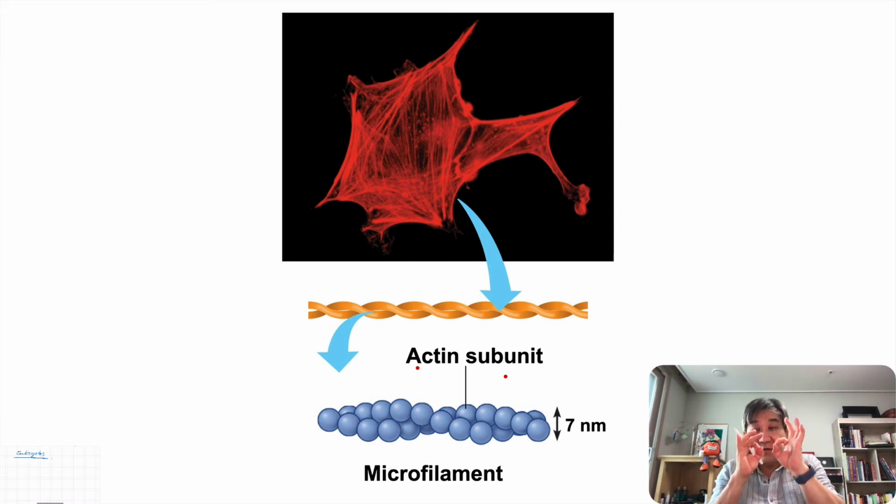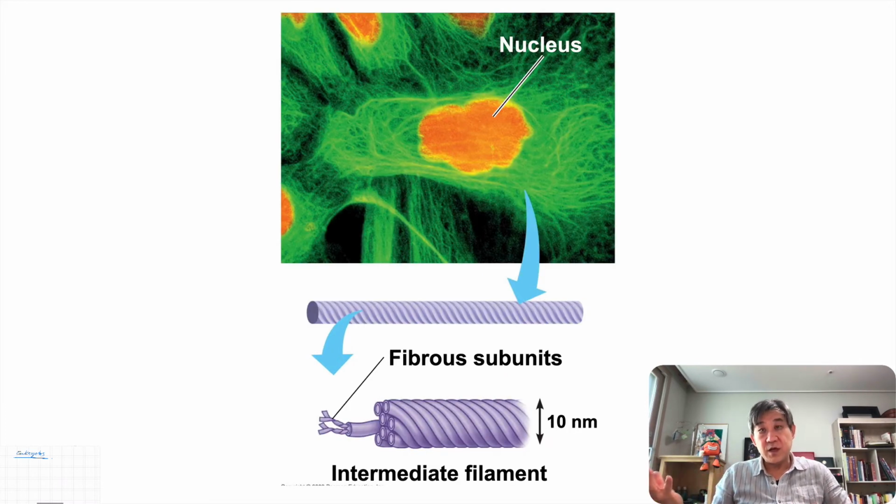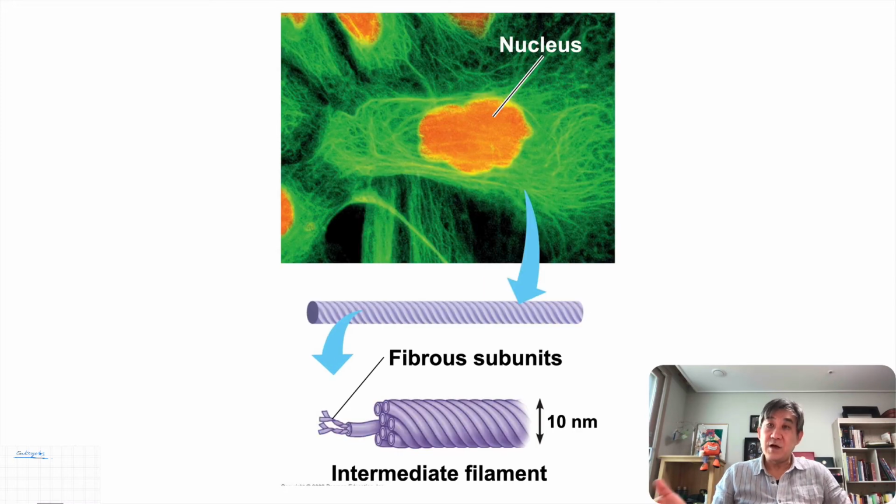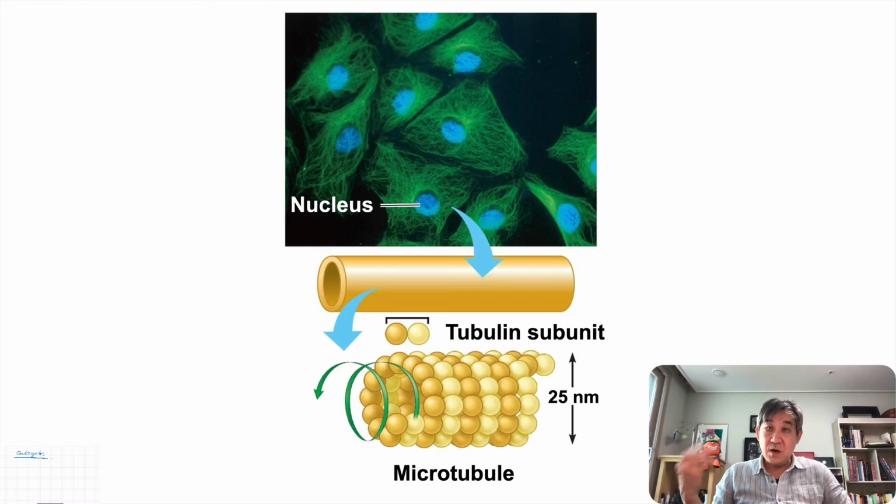So small units come together and are assembled to make such a big structure. It is always the same case, whether it is the actin microfilament, the intermediate filament, or the microtubules.